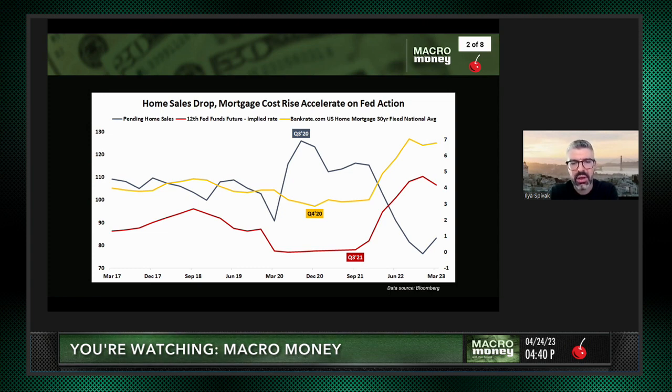But essentially all of last year, you see rates move higher. You see then pending home sales accelerate downward, and mortgage rates, of course, surge in the vicinity of 7%. So, not surprisingly, as it becomes more expensive to finance a purchase, sales really accelerate in their decline.